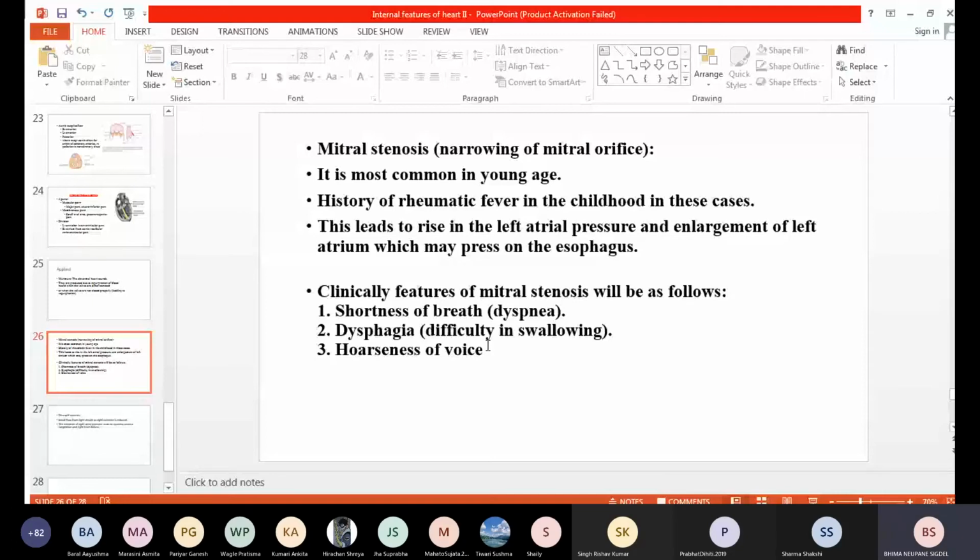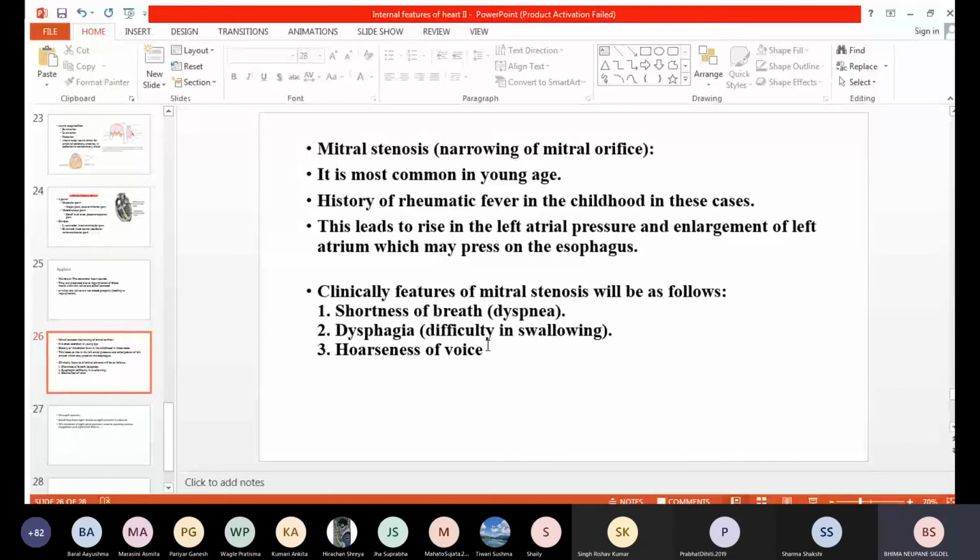Now aortic stenosis, that is stenosis of the aortic opening. In this case there will be accumulation of blood in the left ventricle, because blood from the left ventricle is carried for systemic circulation via the ascending aorta.